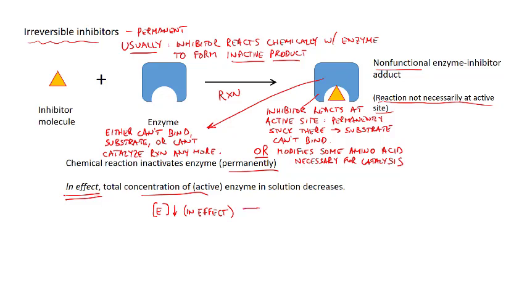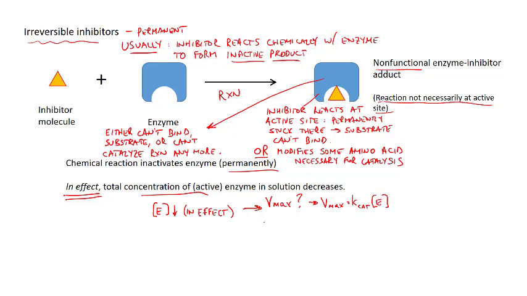Now, if the concentration of enzyme in effect decreases, what effect do you think that's going to have on the Vmax of the enzyme? Well, we said before that Vmax is equal to kcat, the rate constant for catalysis, times enzyme concentration.